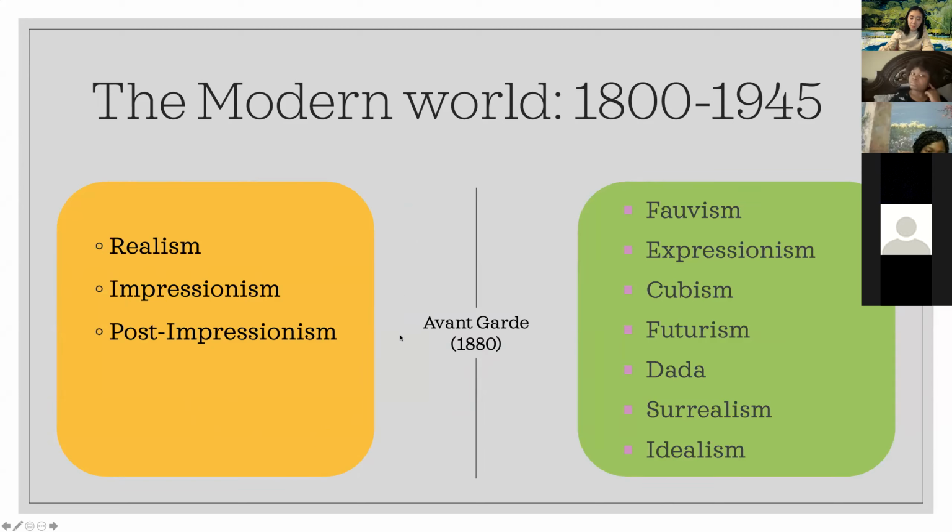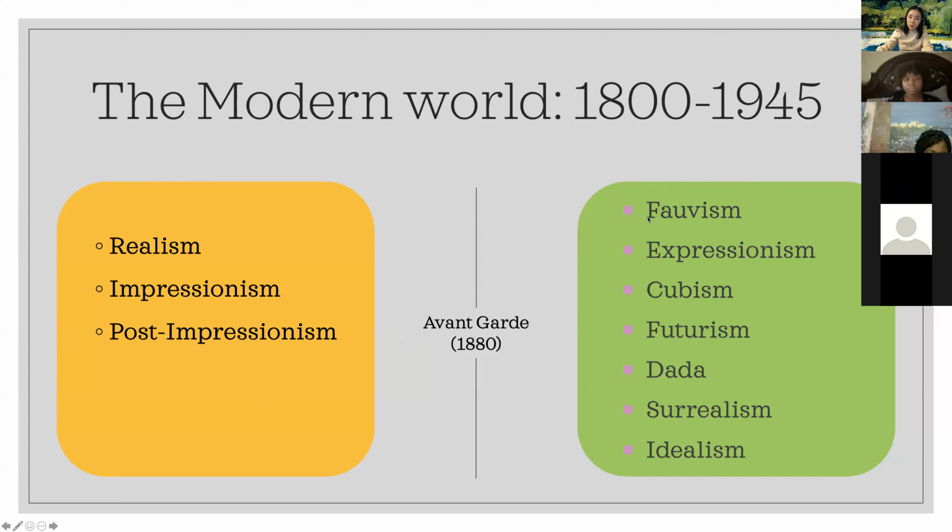However, after the avant-garde, the photographs are very popular from the professional to the amateur. So many artists sought new styles of art, such as abstract or non-representational art styles. So these are all the art movements after avant-garde.